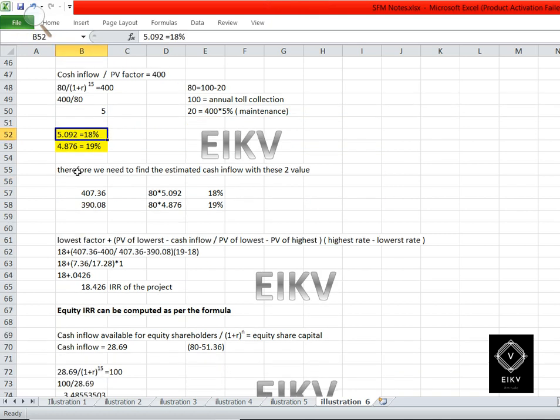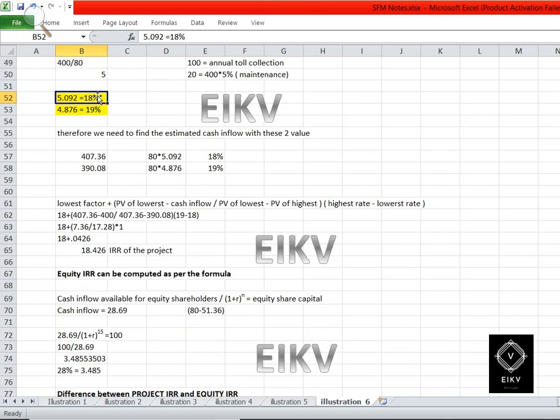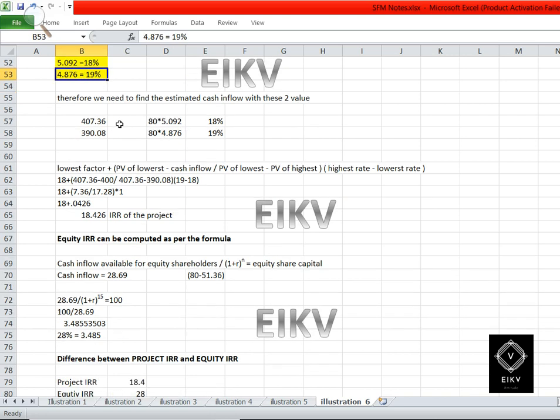The computation of 5 begins with 5.09, the rate will be 18%, and 4.8675 equals 19%.